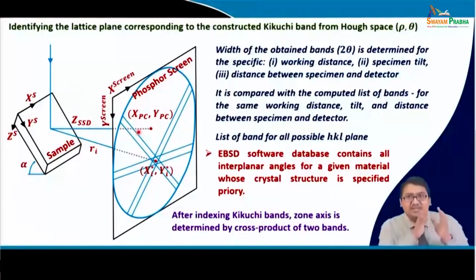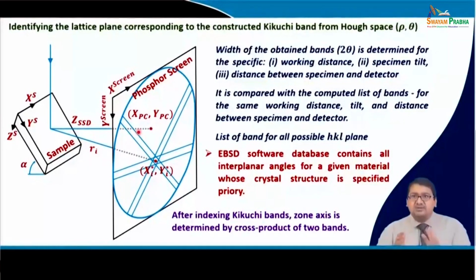So, in the software there will already be a computed list of bands, okay, all the bands for the same working distance, for the same tilt angle, for the same distance of the specimen from the phosphor screen.